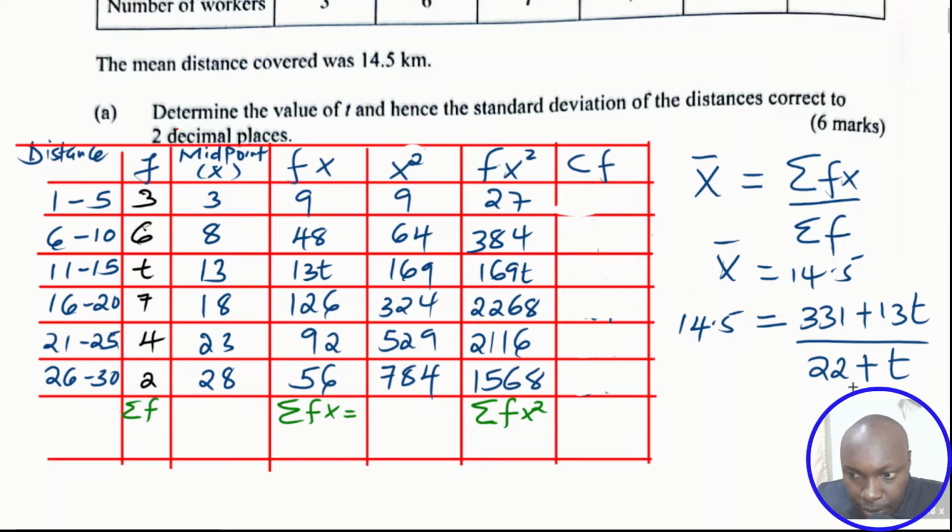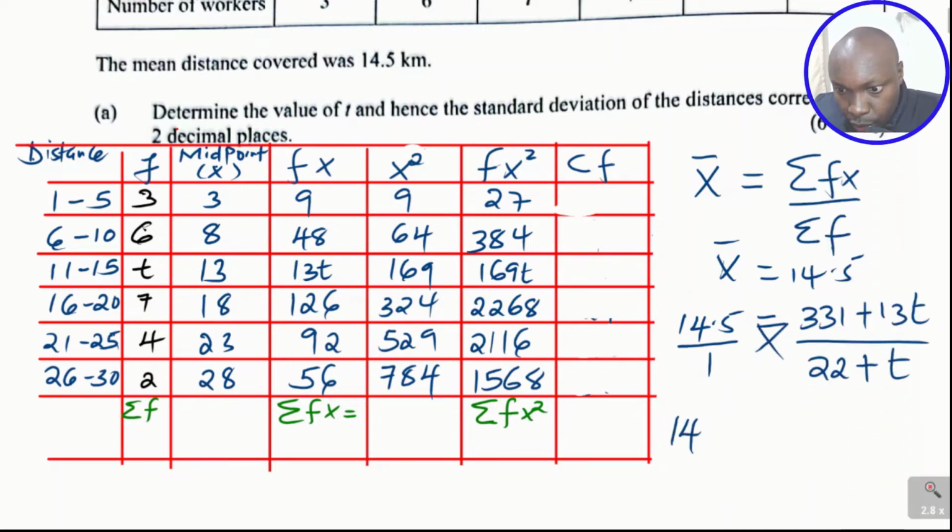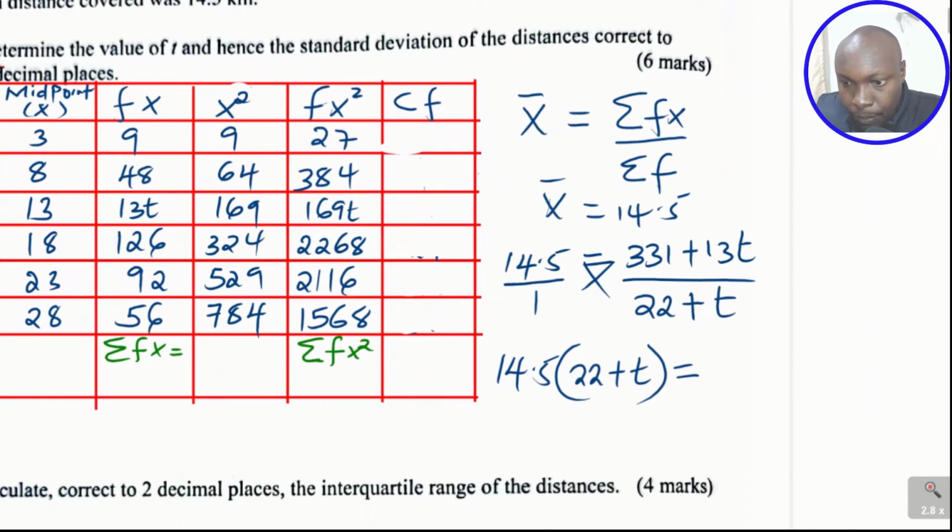Now with this expression, you notice that we can get the value of t by simply dividing this one by 1 and then cross multiplying. So you get 14.5 multiplied by 22 plus t is equal to, I'm cross multiplying, 331 plus 13t.